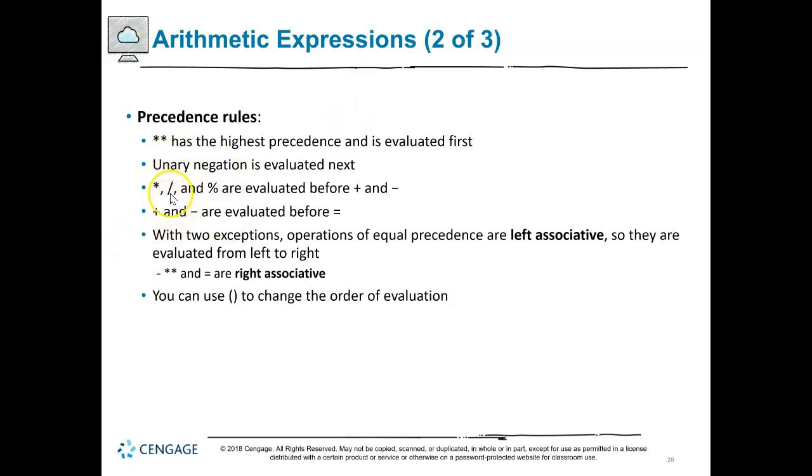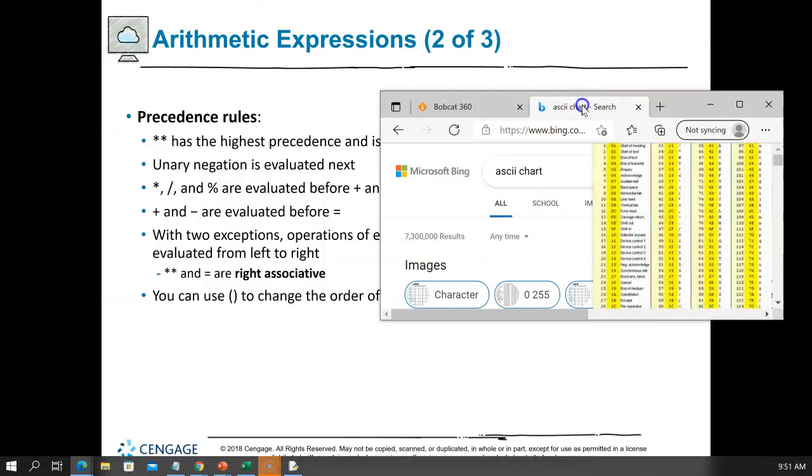Then multiplication, division, and that modulus are all evaluated before we do plus and minuses. Plus and minuses are evaluated before the equals. And the equals is not a math operation, it's that assignment operator. So everything gets done on a math operation before it gets shoved into the left. And I'll show you how we can do that.